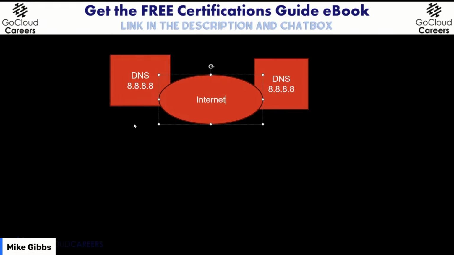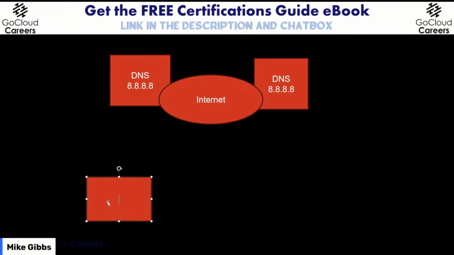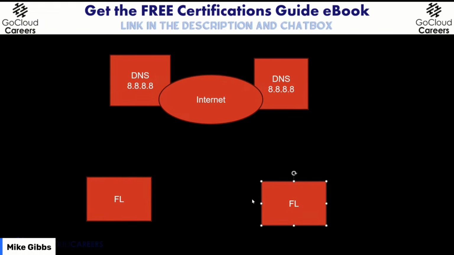Now, let's say you've got a user over here, and this user's in Florida. And this user over here is in Tennessee. And let's say this DNS server is in Florida, and this DNS server just happens to be in Tennessee.